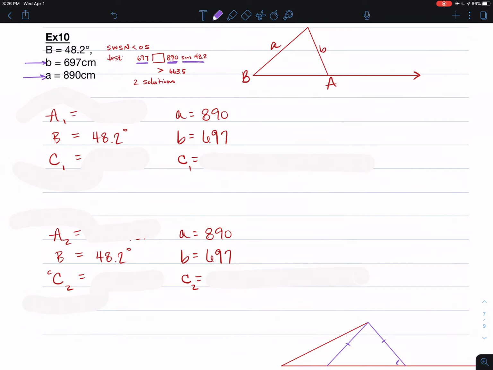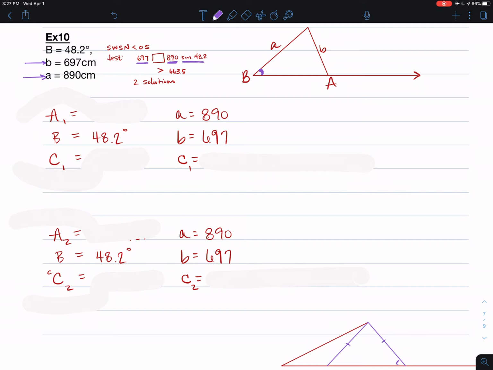Now, I've drawn a picture, and this picture is a lot like the picture I had at the very beginning of the ambiguous notes, not even in a lesson video, but in a notes video. You'll see that I've been given angle B. This is an angle that I know. I also know side B, which has to be opposite angle B, so that's where you see over here.